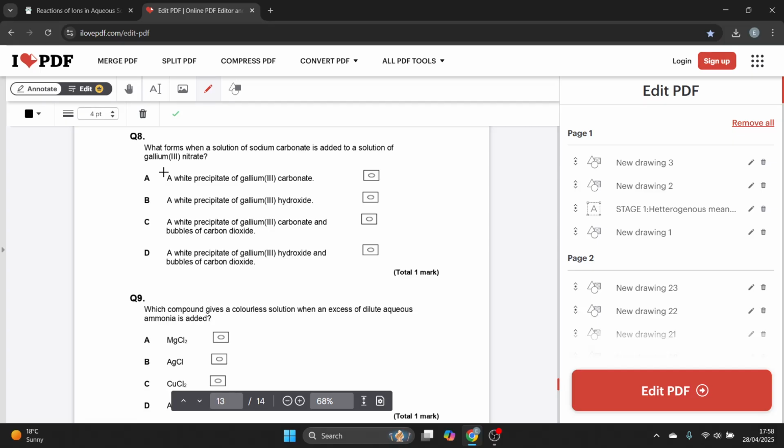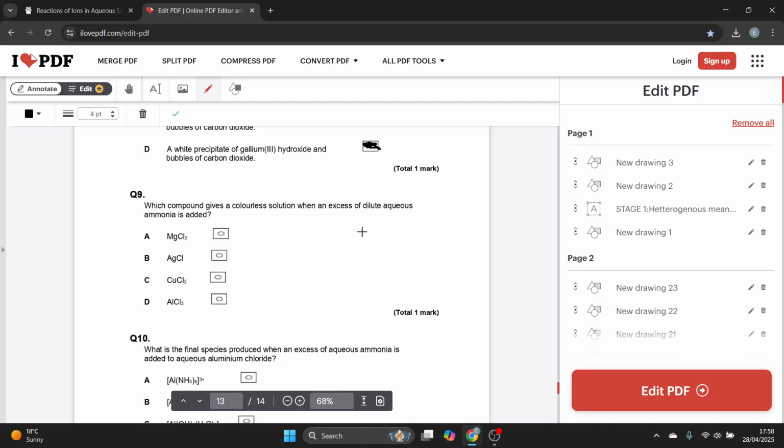I'm going to form, it's going to be D. There's no point in me taking too long on this. It's going to be D.